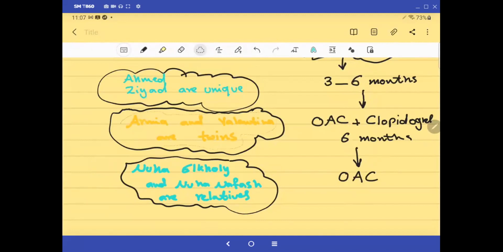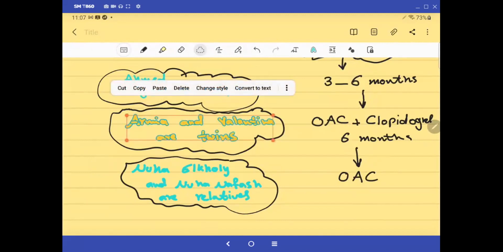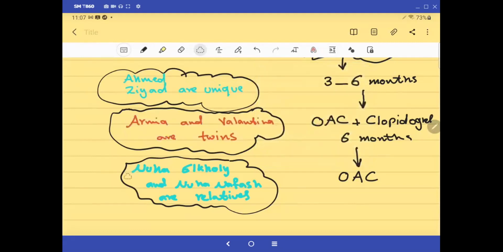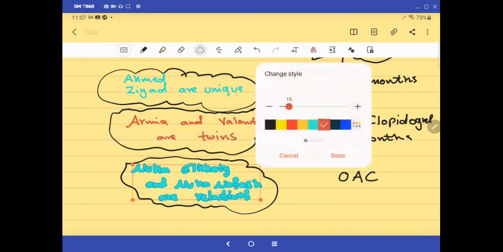Valentina, what was your treatment? So my treatment was clopidogrel and oral anticoagulant for 12 months, and then continue with only oral anticoagulant. The same as Armia, correct? Correct. But what was your case?